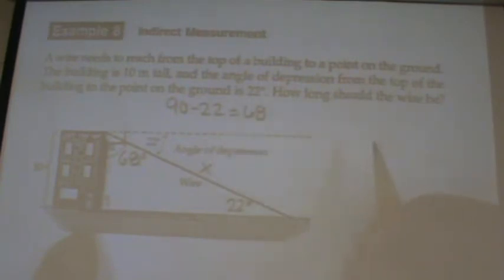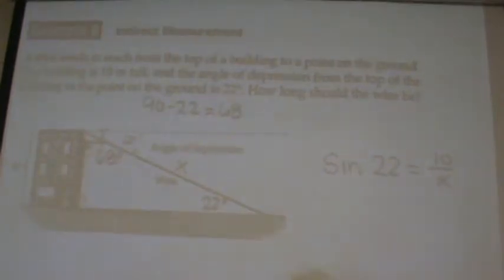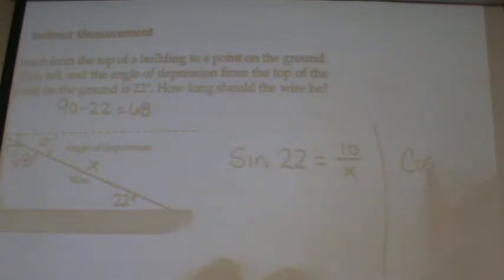Sine or cosine? I like sine. Sine of 22 is equal to 10 over x. If you did cosine, it would read cosine of 68 is adjacent. Either one, you'll get 26.69.